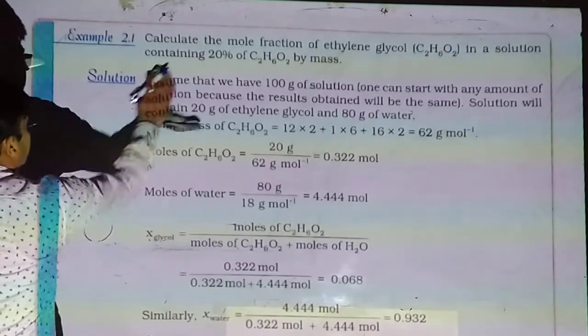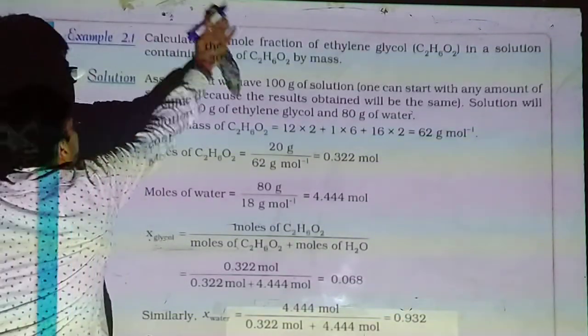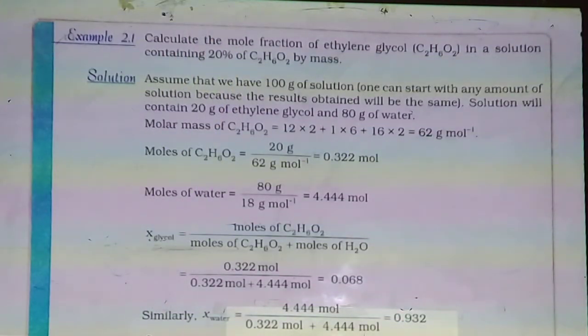Now, question number 2.1. Calculate the mole fraction of ethylene glycol in a solution containing 20% of ethylene glycol by mass.